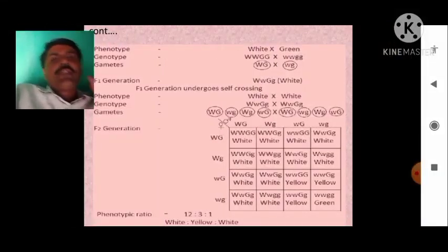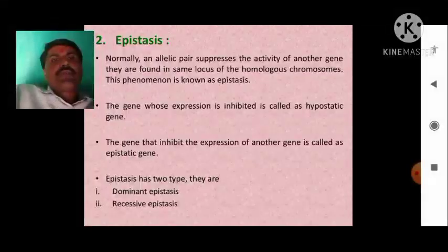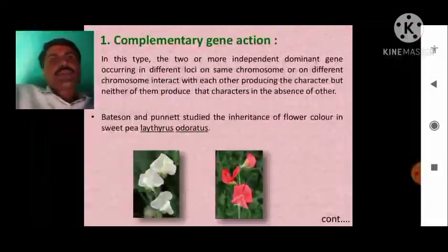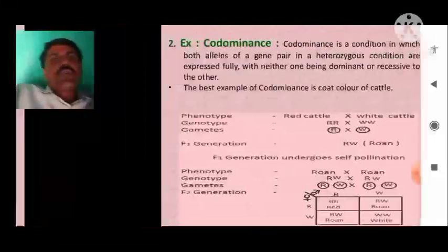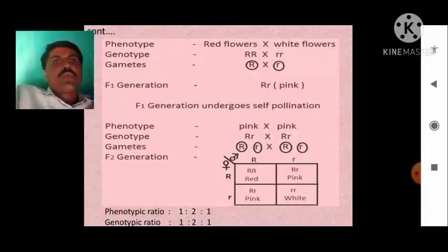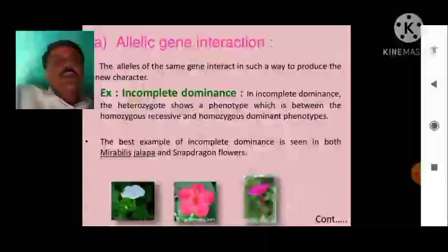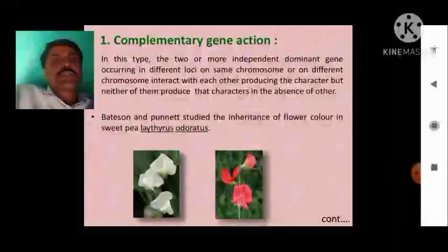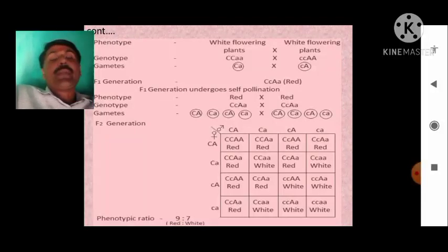What we find here is that the ratio for complementary genes is 9:7. The ratio of codominance is 1:2:1. The ratio of incomplete dominance is also 1:2:1. But complementary gene action shows the ratio 9:7.